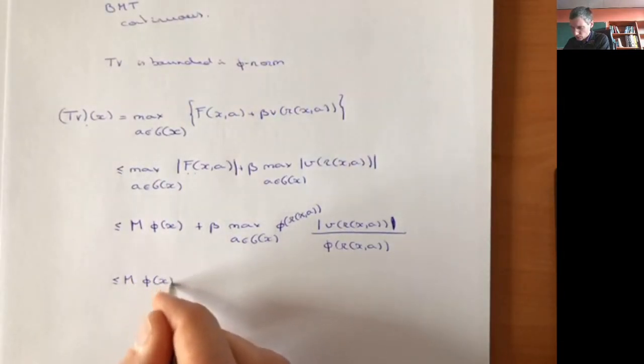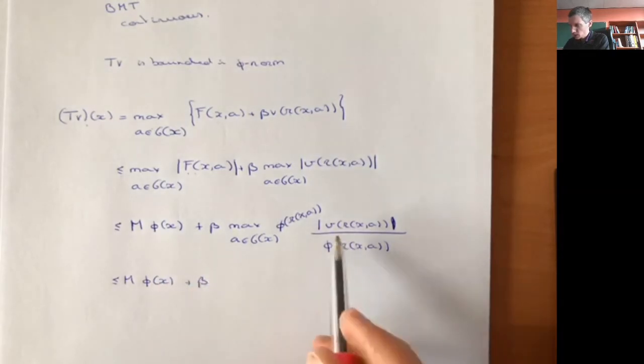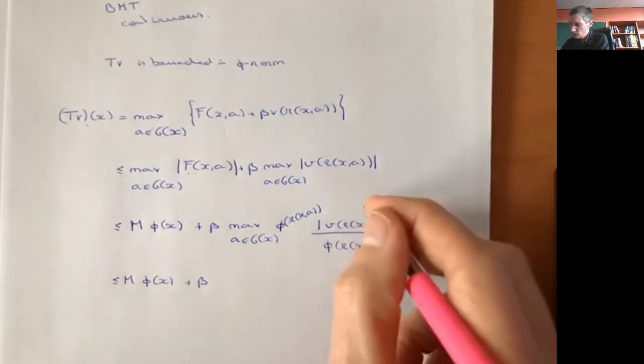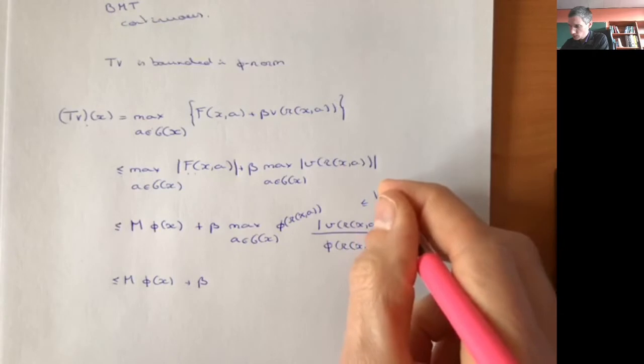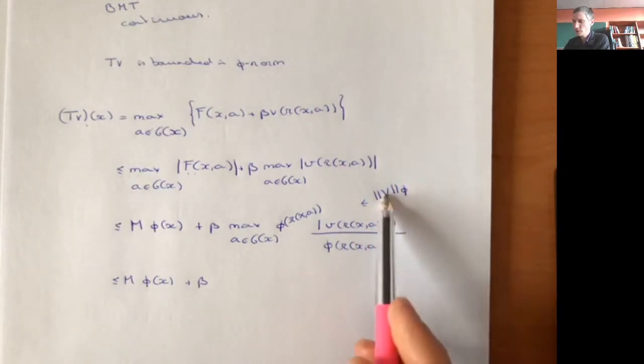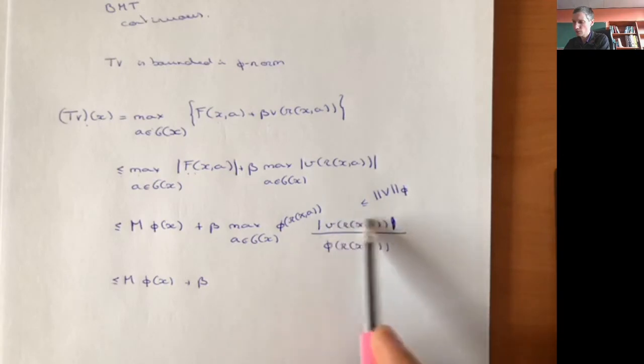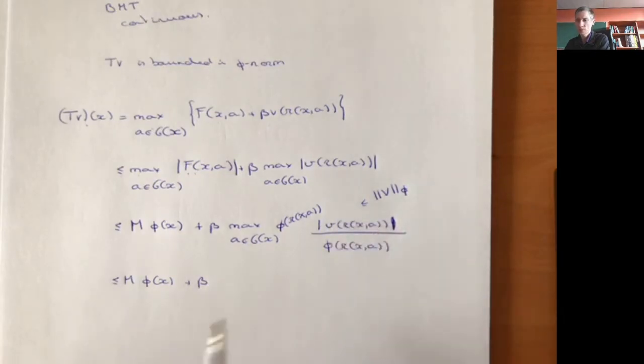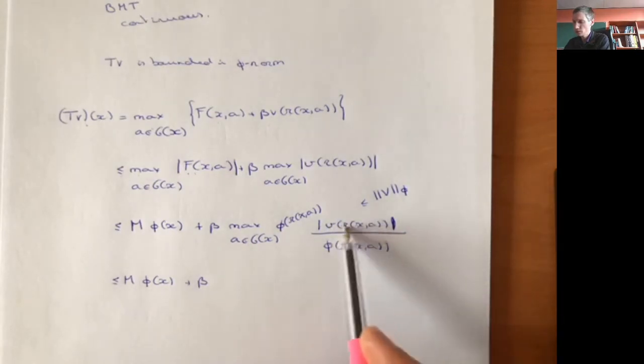This will equal to M phi(x) plus beta times this term, which is less or equal to the phi norm of v. Because the phi norm of v is a supremum of this over all r(x,a)'s, all possible states, this is a state r(x,a).